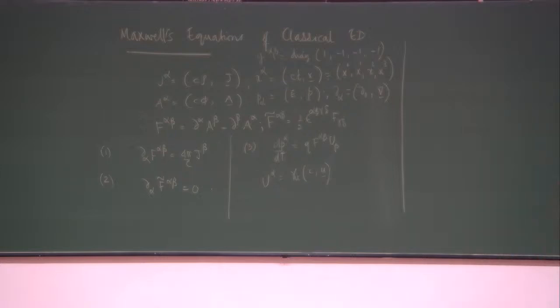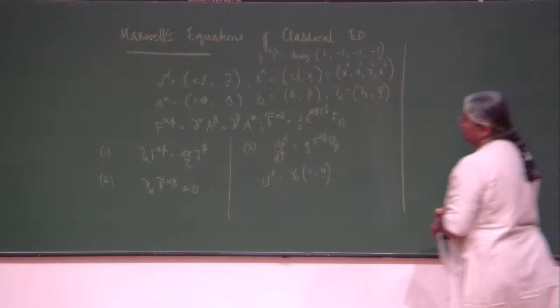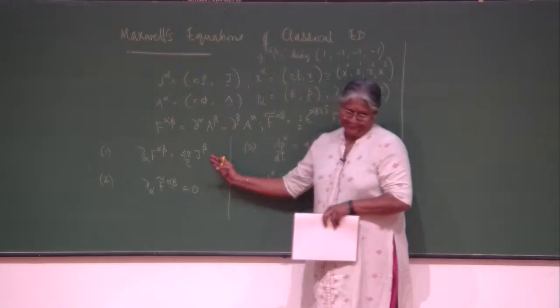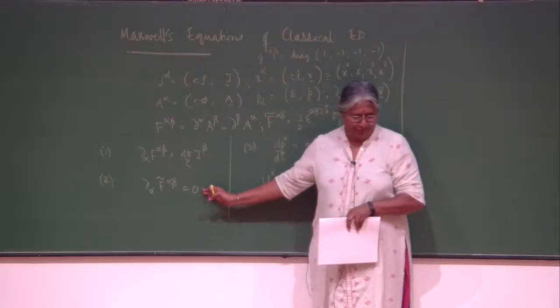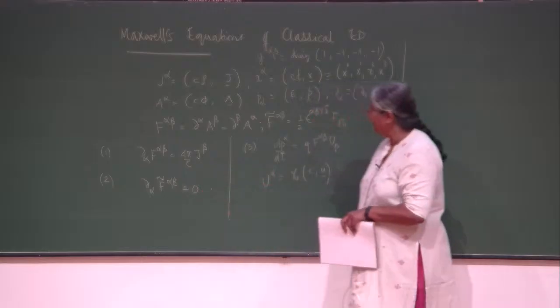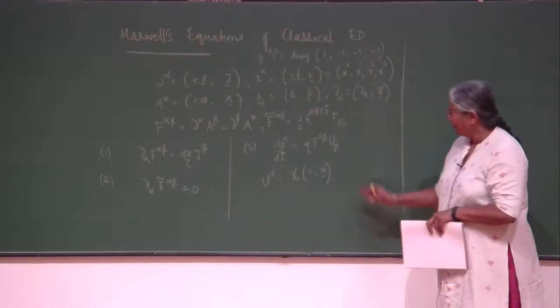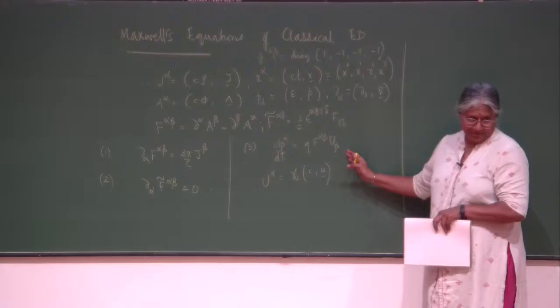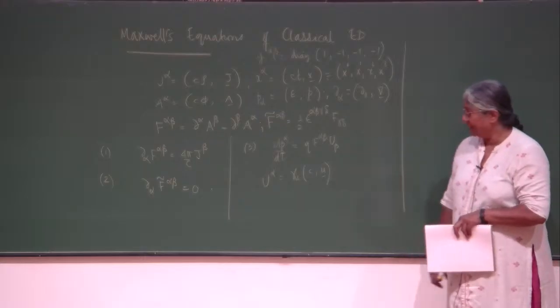So in yesterday's class we actually worked through all these exercises, right? We showed that the first set of equations gives you the inhomogeneous Maxwell's equations. I didn't work out the second, I left it for homework. I hope at least one interested student has actually worked it out or will work it out. And we worked out this as well, right?